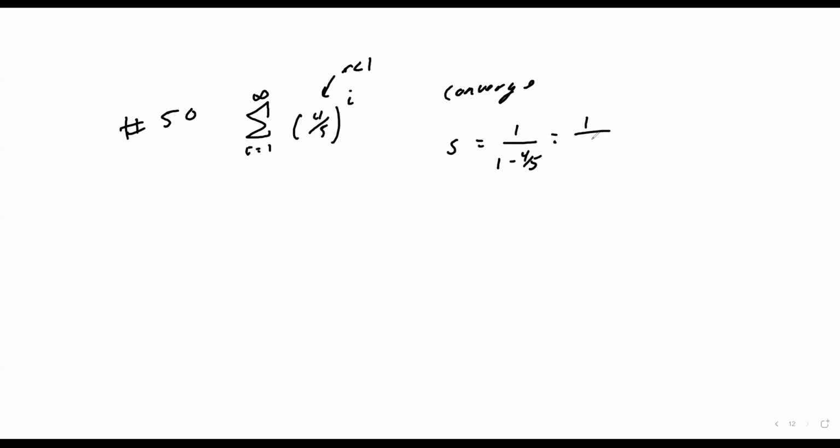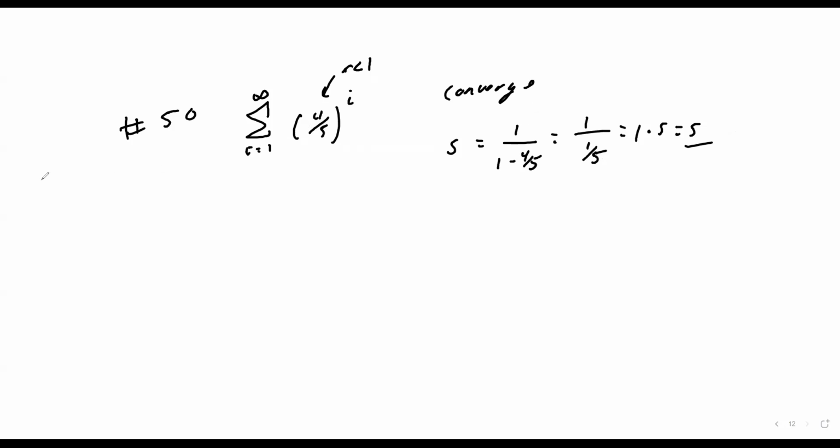So that's going to be 1 over 1/5, which will then just be 1 times 5, which is 5. 1 minus 4/5 is 1/5.